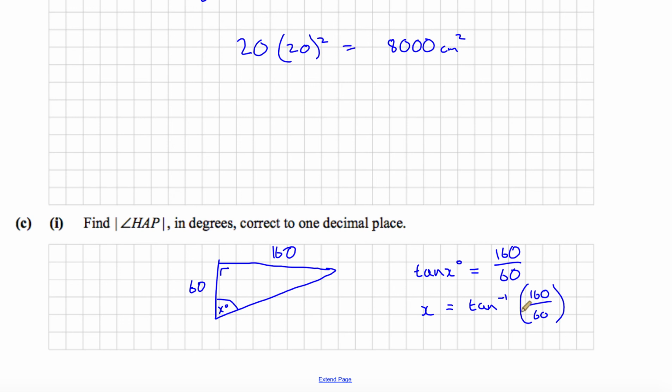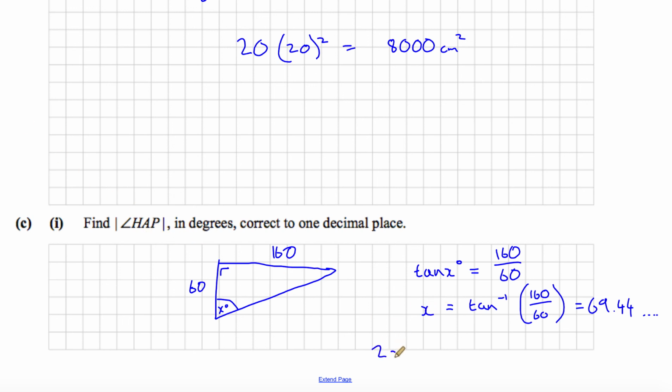So that gives me a value of 69.44, and on it goes. So remember, I have to double that because that's X. So if I want HAP, I'm going to double that.